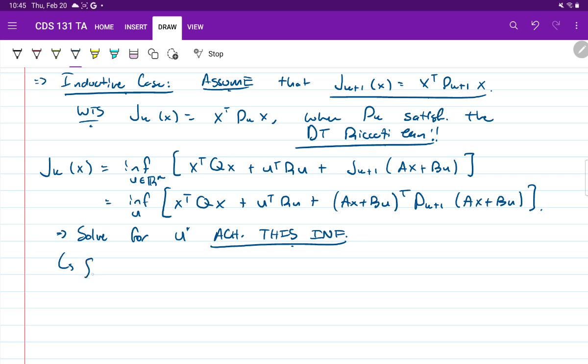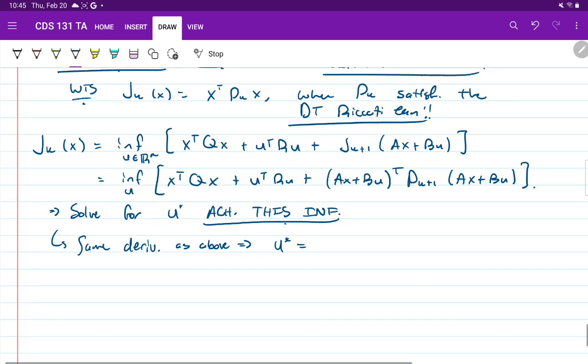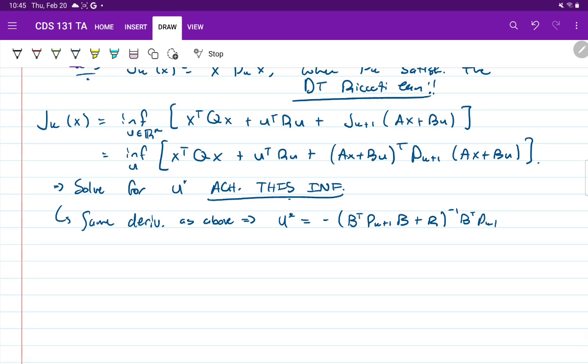So the same derivation as above suggests that my input, u star, will be precisely equal to minus (B transpose P_{k+1} B plus R) inverse times B transpose P_{k+1} A times x. Or I could also call this Kk times x, just for convenience.